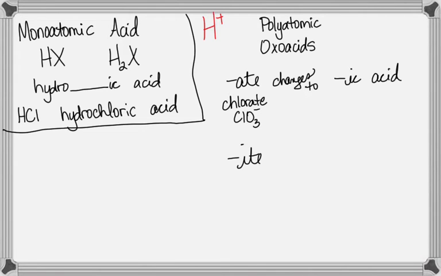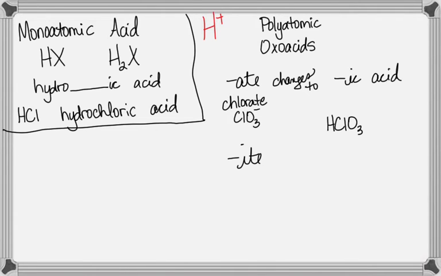What's the formula going to be? HClO3? Because we're swapping and dropping the charges, right? We don't move the subscript over. Yes? HClO3? Are you with me on that? Or are some of y'all just looking at it saying that makes no sense?